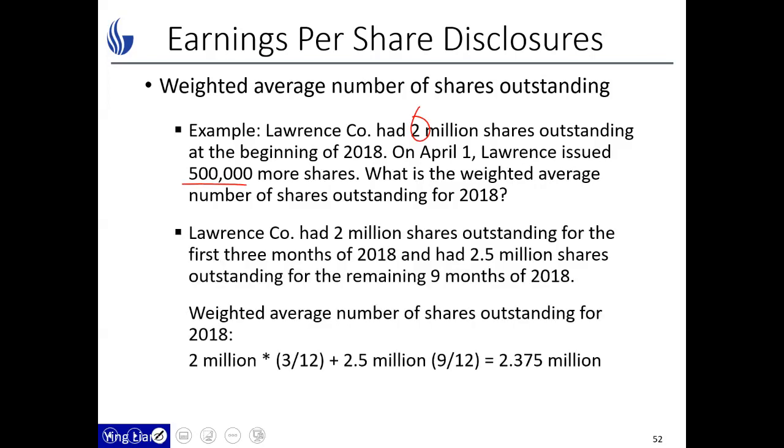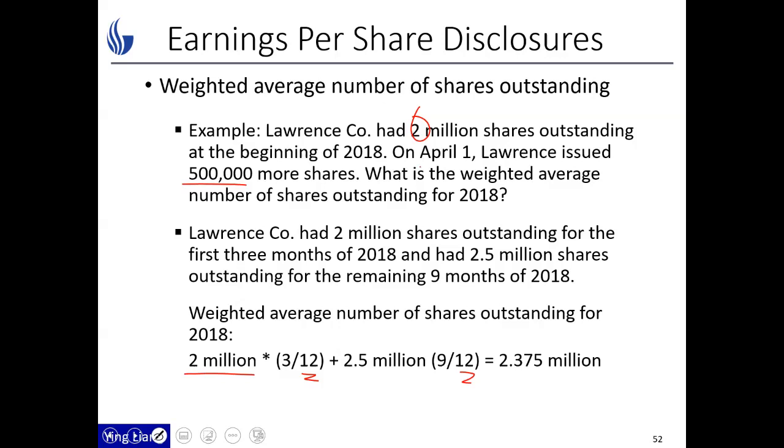So 1 year has 12 months, right? So we use this 12 as a fraction. And we know that the first 3 months, January to March, there's only 2 million shares outstanding. So the first part is this 2 million, and then we times 3 months out of total 12 months.